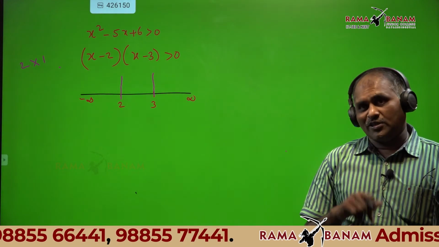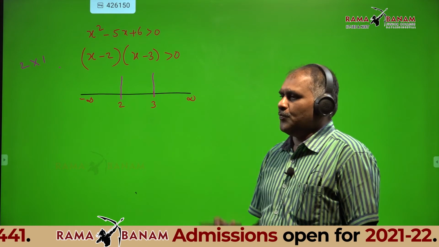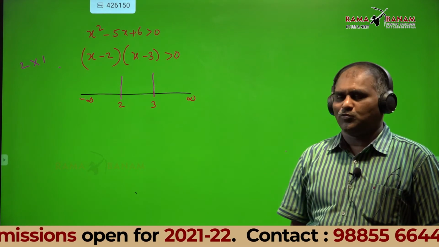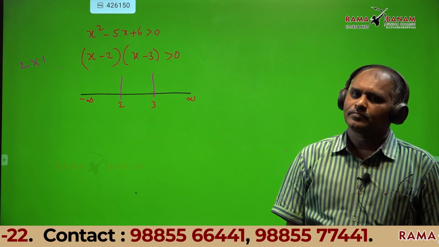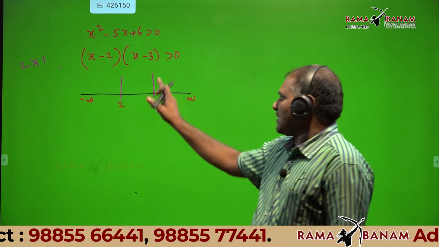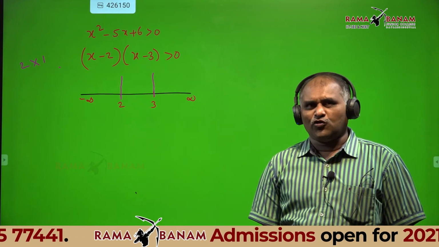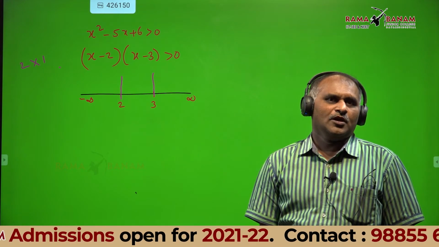Positive. Again, between 3 and infinity, besides 4, I can substitute, suppose, 7. What is 7 minus 2? 5. 7 minus 3? 4. 4 into 5, positive or negative? Positive.